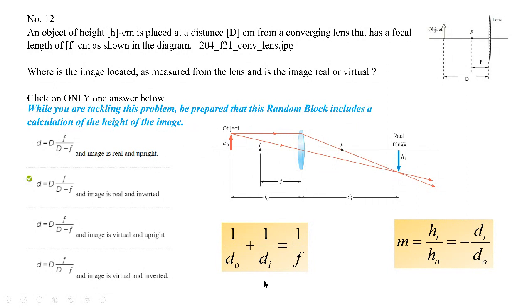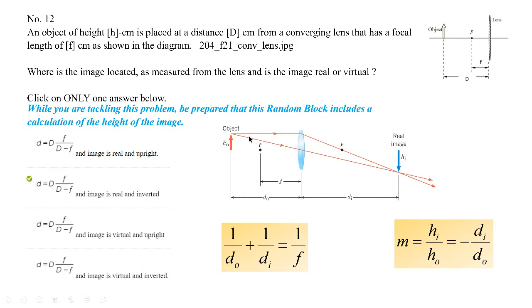That's called the image distance, d sub i, and there is h sub i. h0 is your original object height, and this is the image, h sub i, and the magnification is hi over h0, which is negative di over d0. That's by just the geometry.